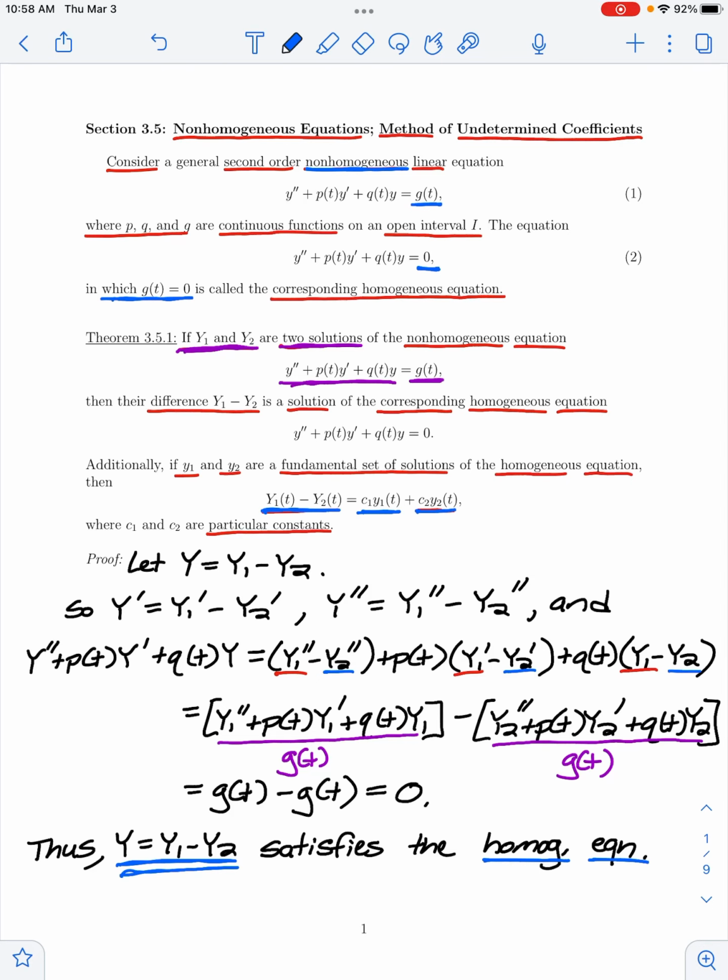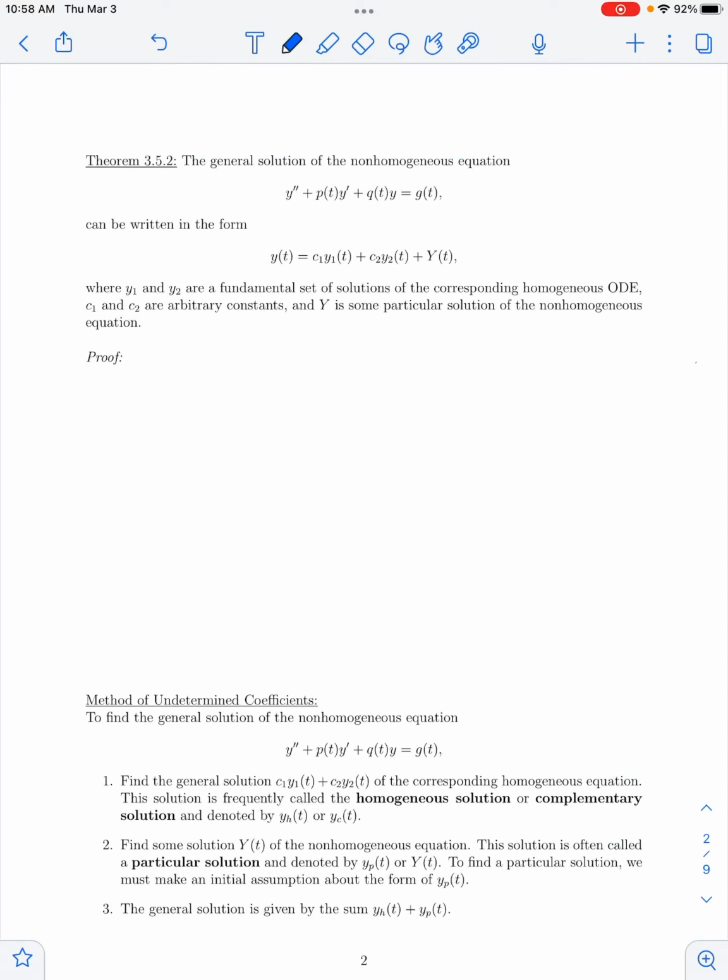So now that we have this result, let's look at one other theorem that will tell us how to construct the general solution of a non-homogeneous equation.